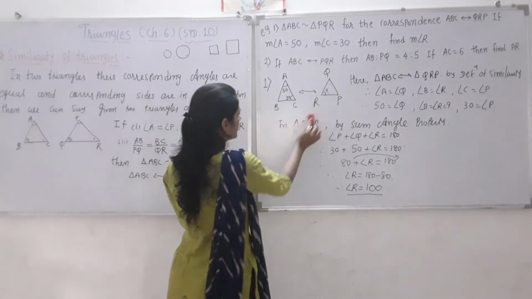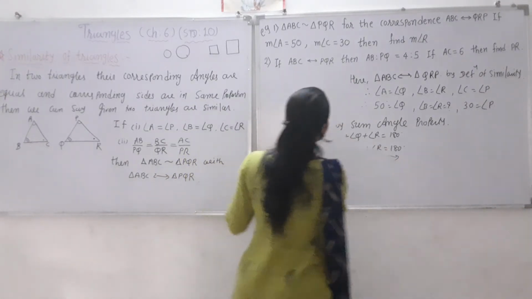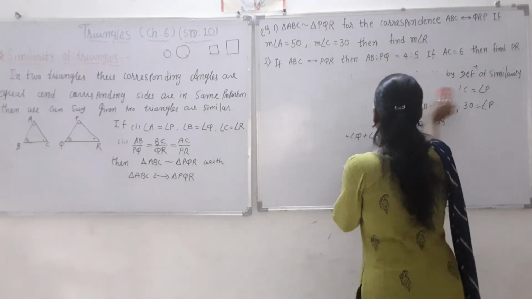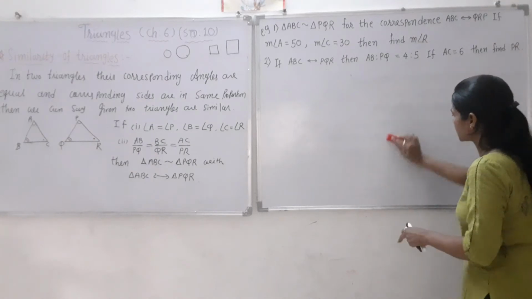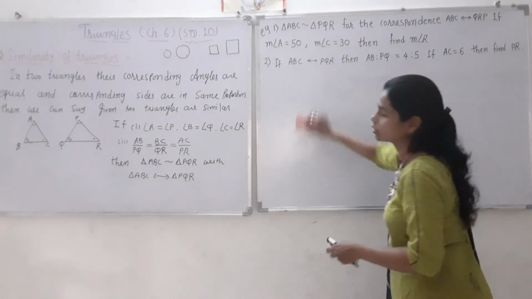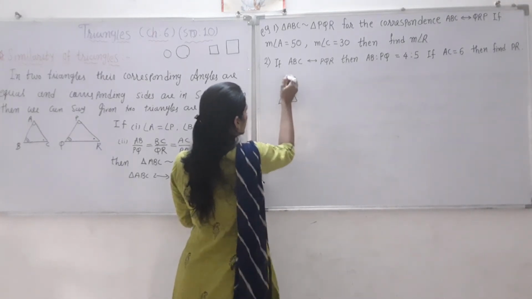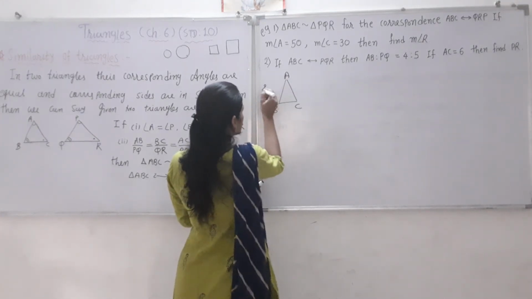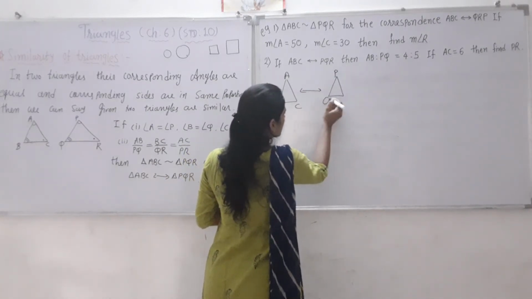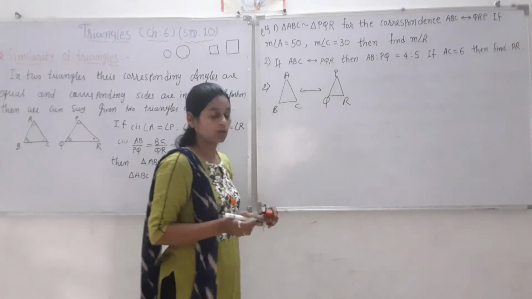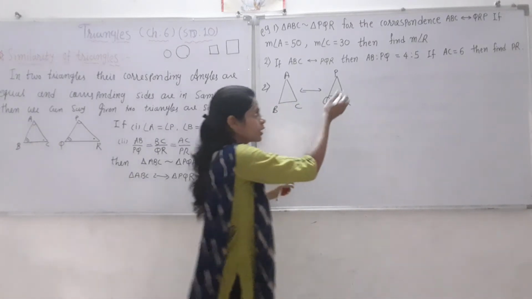Now consider the second example. In this second example, triangle ABC corresponds to triangle PQR is given. So the parts of ABC are the same as the parts of PQR. In the second question you have to draw ABC corresponds to PQR, and see which information is given about its side ratios or proportions.